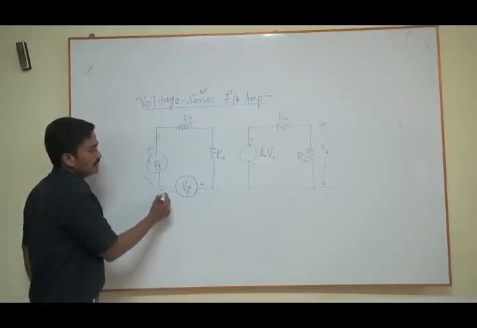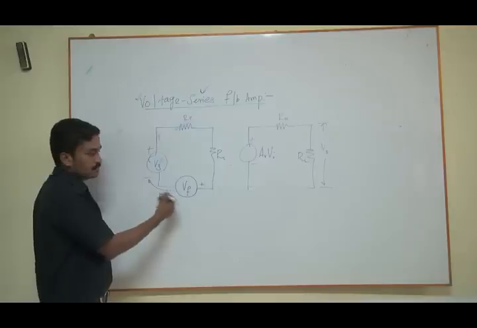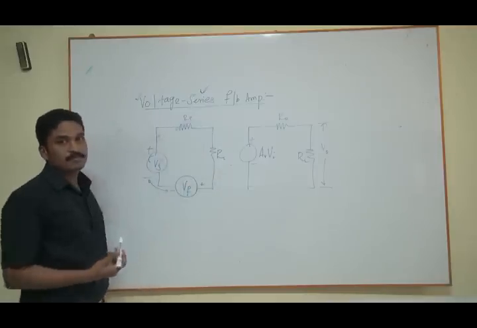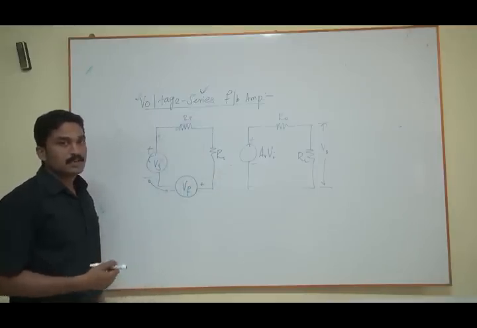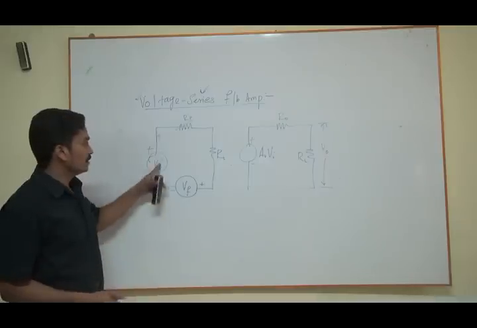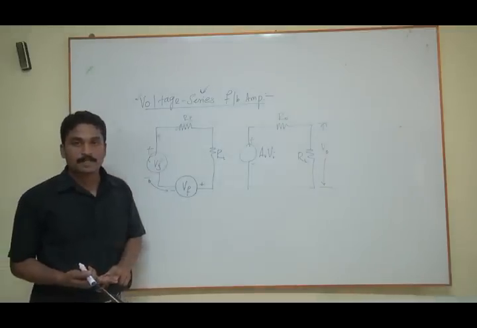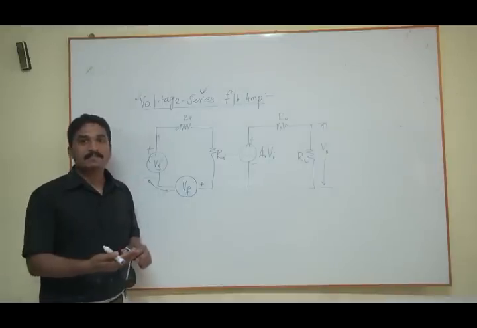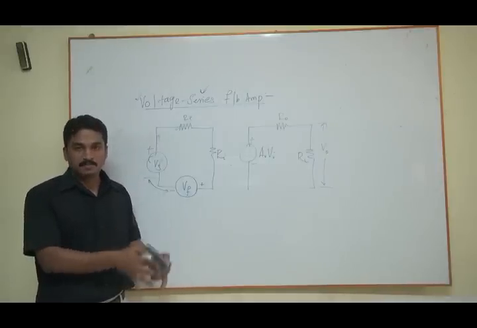You have to connect these two minus terminals facing each other, and similarly the plus terminals also should face each other, so that we can have a reduction in the input side voltage, because that is what negative feedback says: the input side signal must be reduced.